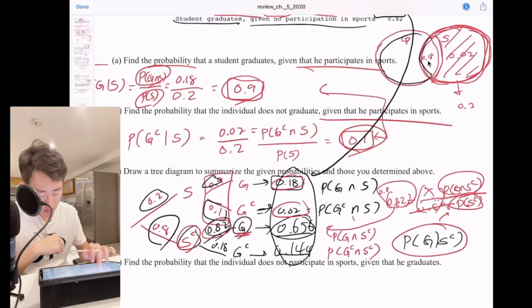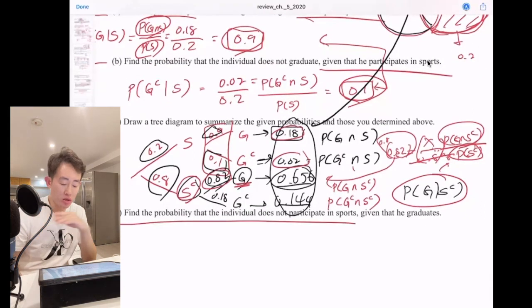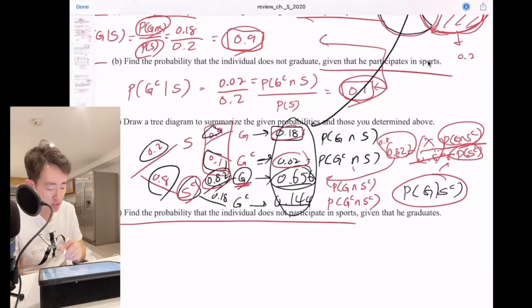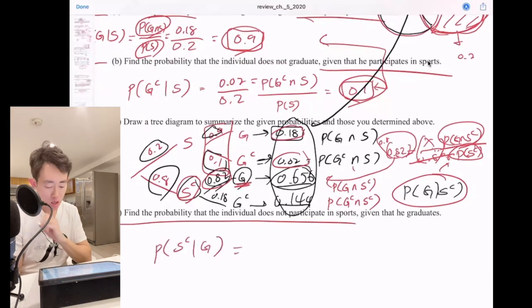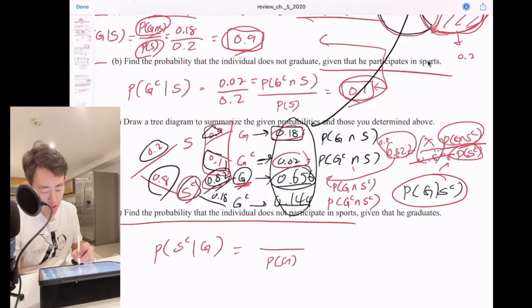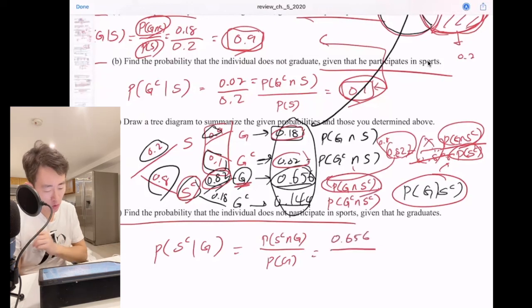So that's my tree diagram. Now find the probability that the individual does not participate in sports given that he graduates. It's this. So that will be probability of SC and G over probability of G. That would be this one, so 0.656, over the people that graduate, which are this number and this number together.